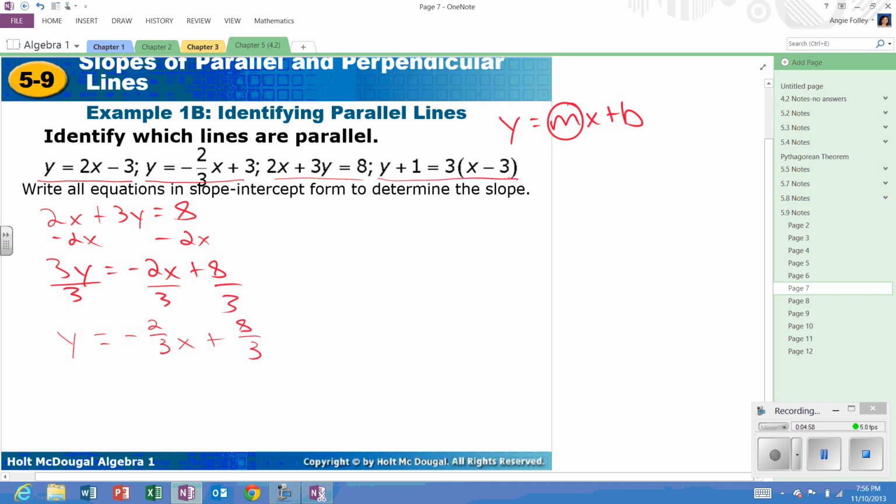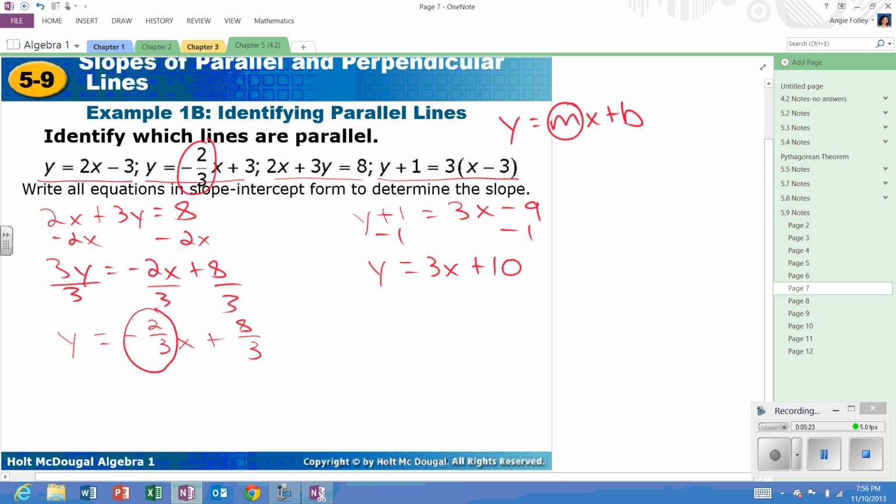And then this last line is not in y equals mx plus b form either yet. So we're going to put that into y equals mx plus b. Remember, that's your slope-intercept form. So y equals 3x plus 10. Now, which lines have the same slope? Well, let's look. This has a slope of negative 2/3, and so does this line up here.